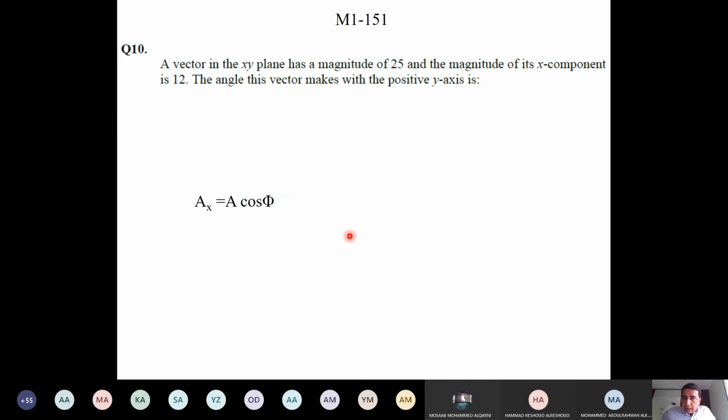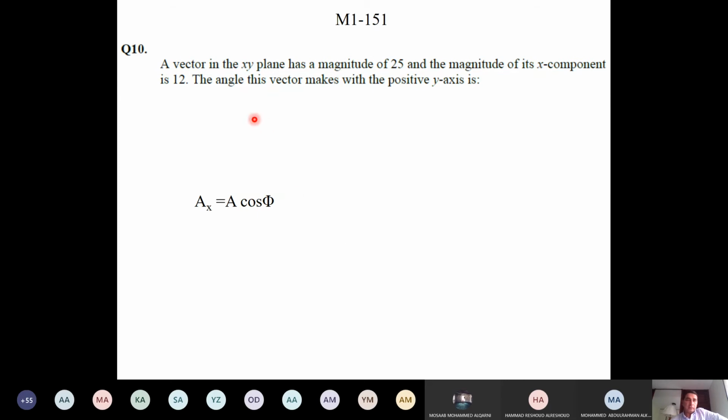Here is one of the problems which appeared in a Major 1 exam, term 151. A vector in the xy plane has a magnitude of 25, and the magnitude of its x component is 12. Now, the angle this vector makes with the positive y-axis, that's what we need to determine.